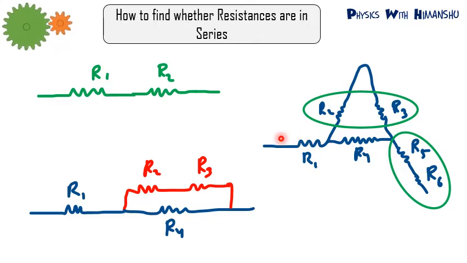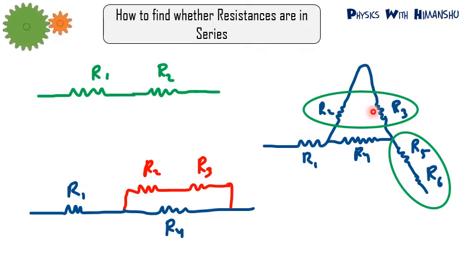Coming to this figure. Suppose current enters R1, exits R1, and there are now two wires. One part of the current will go in R2 in the upper line and one will go in R4 in the bottom line. Between R1 and R4 there is a connection, so R1 and R4 are not in series. Between R1 and R2 there is a connection, so R1 and R2 are not in series. But suppose 2 ampere enters R2, it will exit from R2 and the same 2 ampere will enter R3.